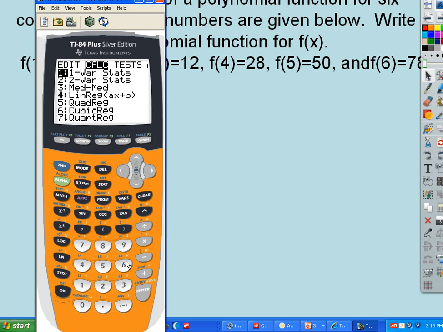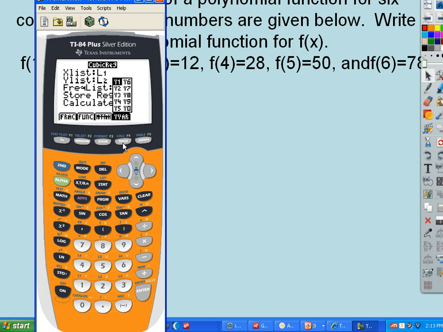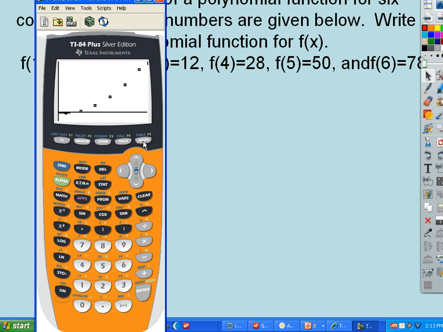So I'll do 6, and I'll put that in as y2. Perfect fit. If I look at them side by side, there's the first one, there's the quadratic, there's the cubic.